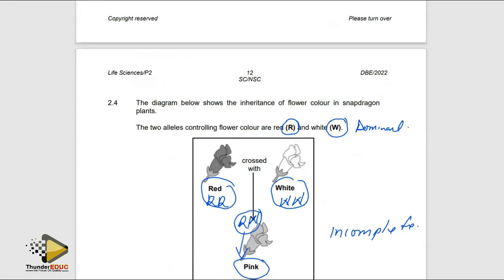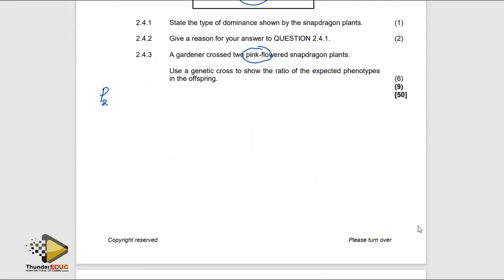Pink and pink, that's P2. If it's a second generation, we use P2, and then F2, the second filial generation. We give you one tick there. Don't forget, if you write P2 it must be F2, and P1 goes with F1. If you write one and don't write the other, you get it wrong. For example, P2 without F2, you don't get a tick.